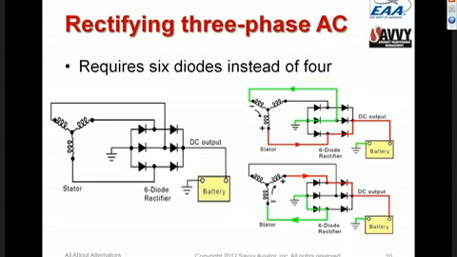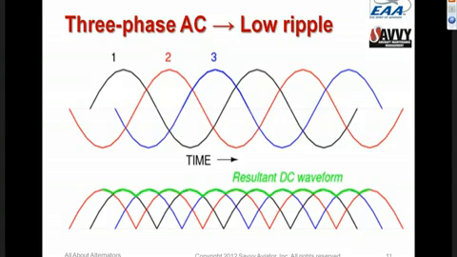It requires 6 diodes. And here's what the output looks like when we rectify those 3 phases. There's still a little bit of ripple on it, but it's not very much. And the output is much closer to a pure DC waveform than if we were rectifying single-phase AC with a simple single winding.